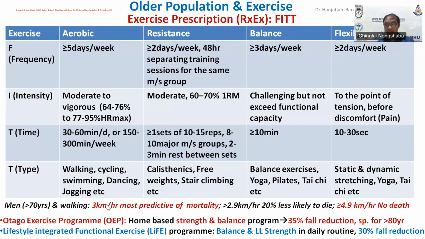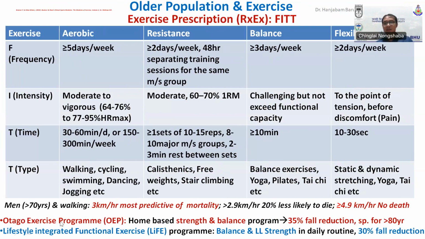So the elderly population more than 70 years should aim for equal to or more than 4.9 kilometers per hour walking speed. If the walking speed is more than 3 kilometers per hour, then they are 20% less likely to die. So just by seeing the speed of walking, by gait mechanism, you can predict the mortality and the morbidity in the elderly population.